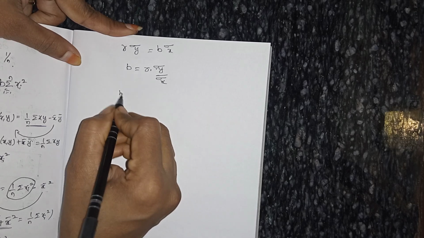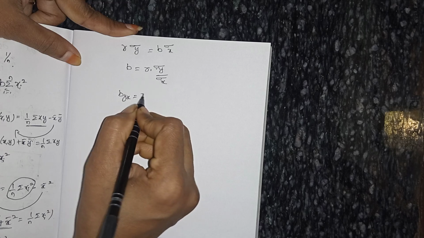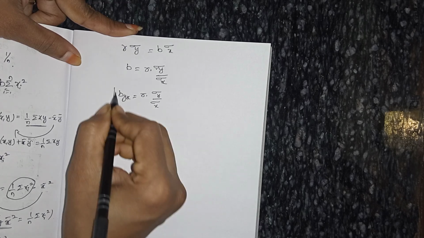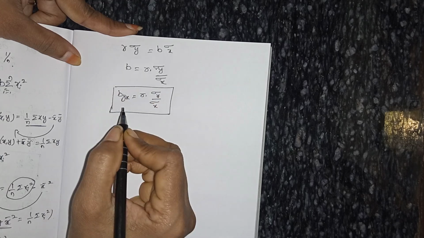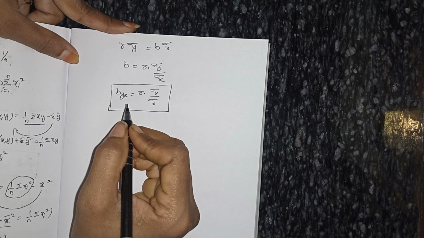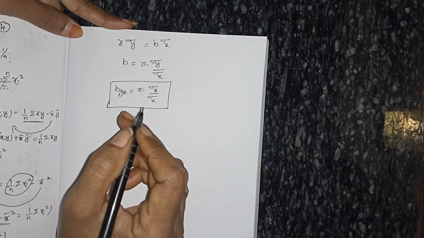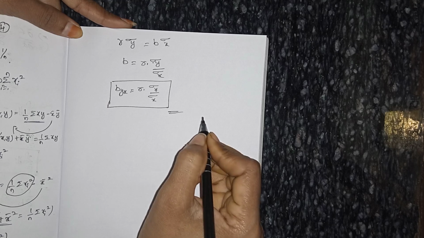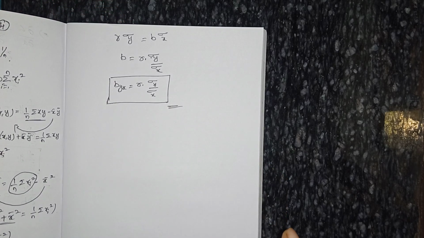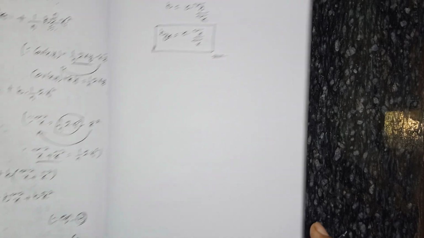Now here we can keep b yx equals r into sigma y by sigma x. So this is the formula for the coefficient of regression of y on x. Okay na? So the regression coefficient y on x formula is this one. So this is the derivation of the regression coefficient.